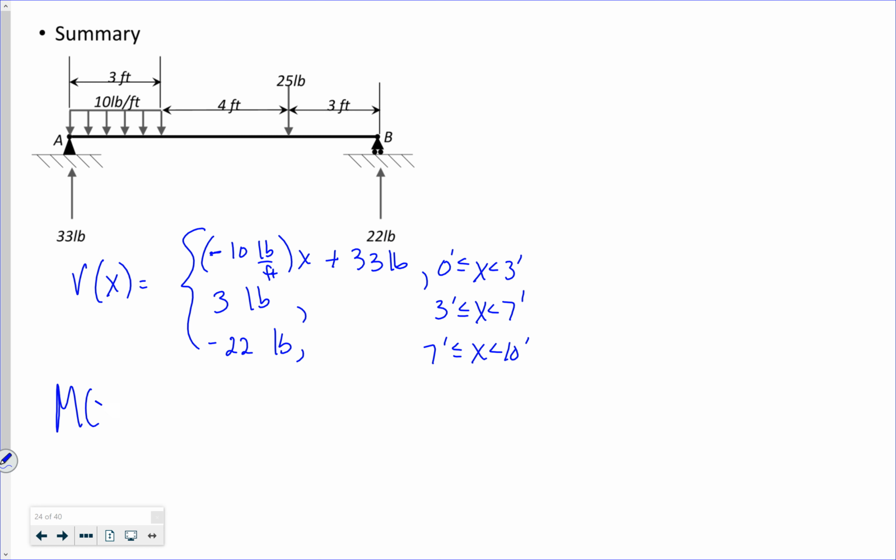My moment, I've got minus 5 pounds per foot times x squared plus 33 pounds times x for 0 to 3.